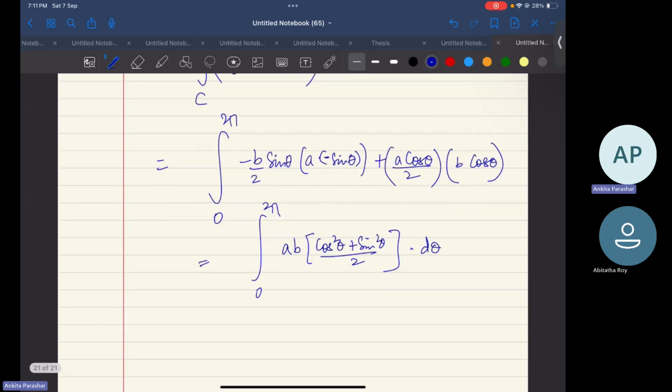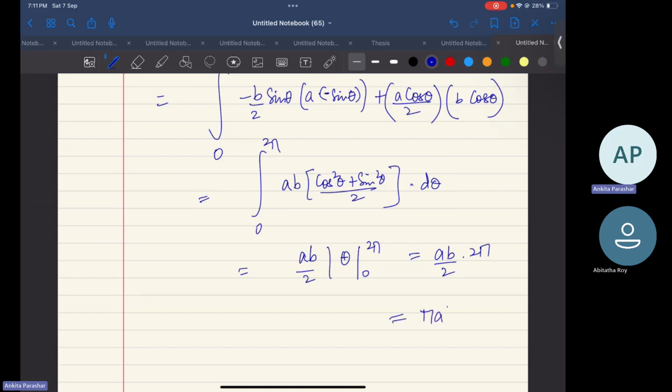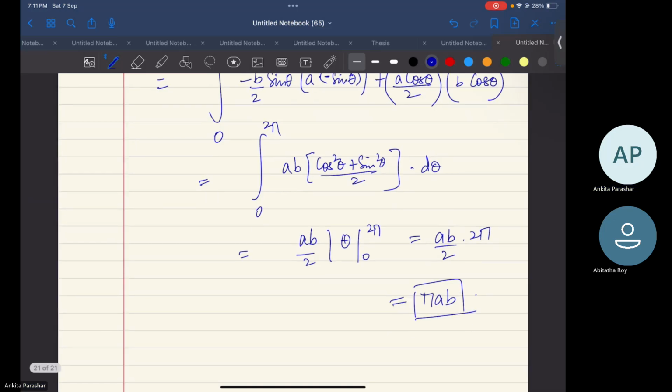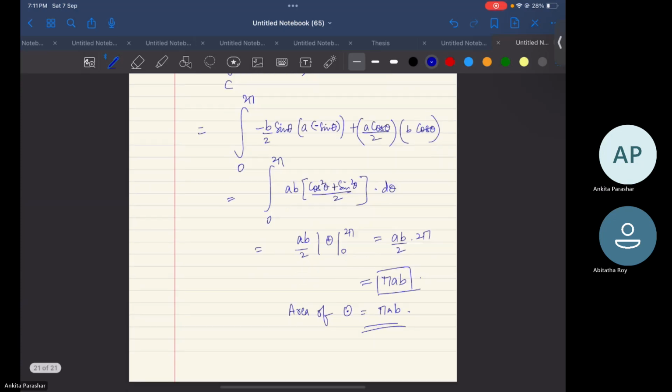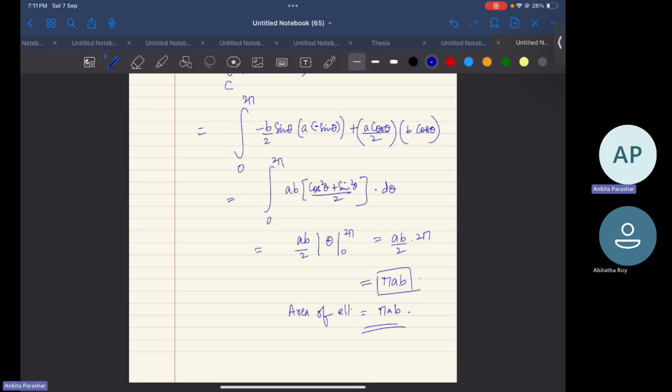I'll get ab by 2 times theta from 0 to 2 pi, so ab by 2 times 2 pi. Pi ab is the area of the ellipse. Area of the ellipse is pi ab. Does it make sense? So, the ellipse, I should say.